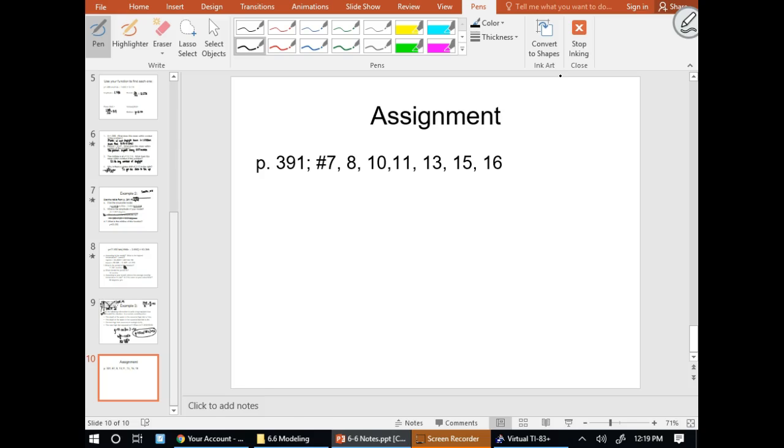So for number 16, I still want you to do that problem, but I'm going to write down the months and the amount of daylight. So maybe go ahead and copy this down right now because I have to cut my screen off.